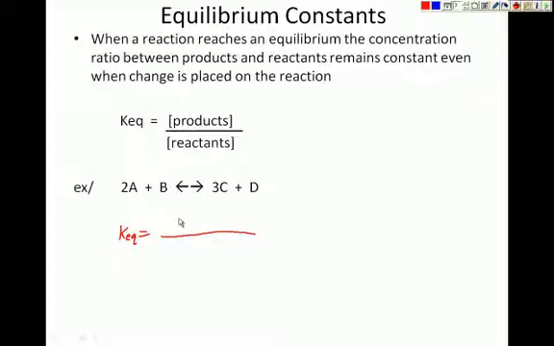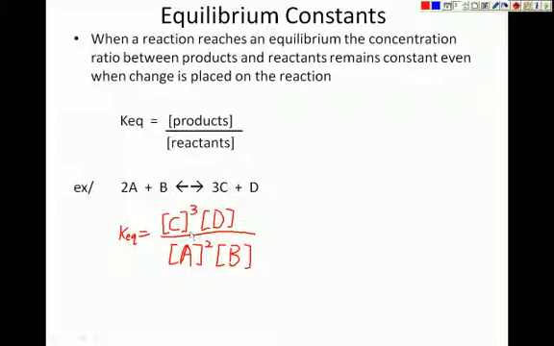So in other words, the products, which would be the concentration of C cubed, because we have 3 C particles, so we're going to cube it, and we're going to multiply that by our concentration of D. And then we'll also have our concentration of A, but since we have 2 of them, we square it, and times the concentration of B.